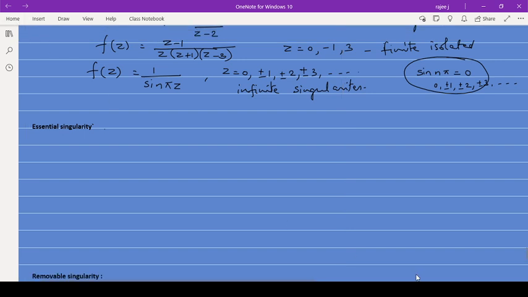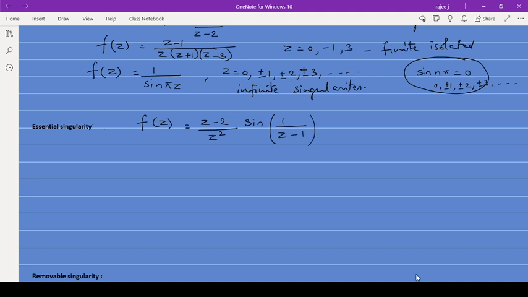Say for example, let us define f of z is equal to (z minus 2) upon z square, and sine of 1 upon z minus 1.